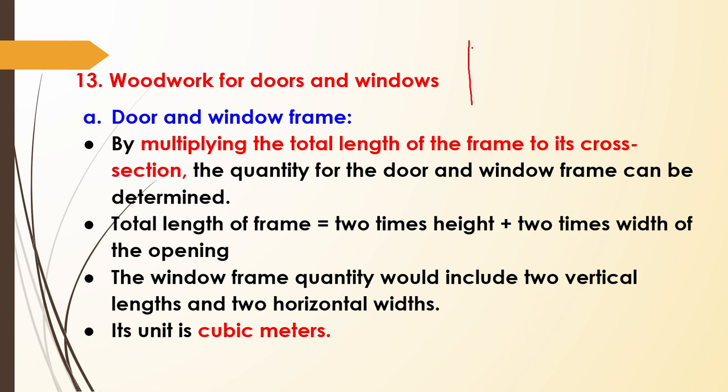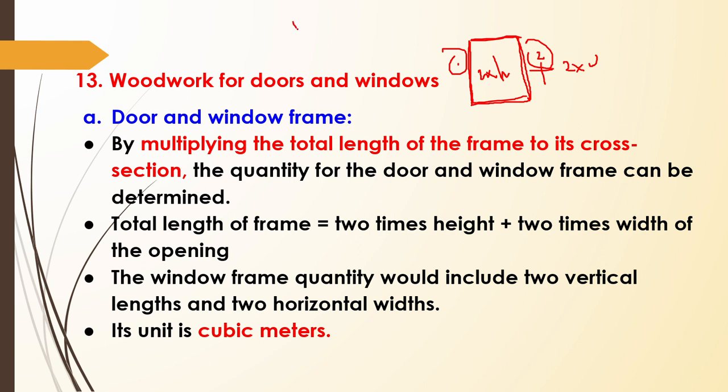So if this is a window, there are two heights, one here and one here. These two are equal, so 2 into height plus 2 widths, so 2 into width. 2 into height plus 2 into width will be the total length of the frame.